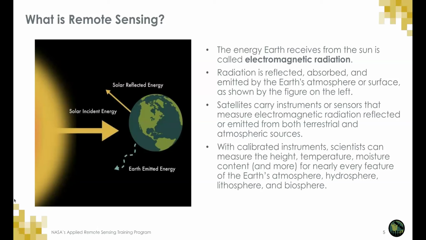Yeah. So like I said, the electromagnetic radiation that comes from these stars interacts with different objects, and as I mentioned earlier, it can either be reflected, absorbed, or emitted by the objects. In as much as we are talking about Earth observation, think of remote sensing.